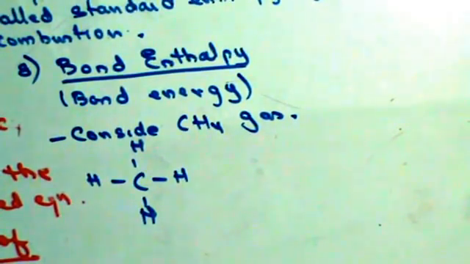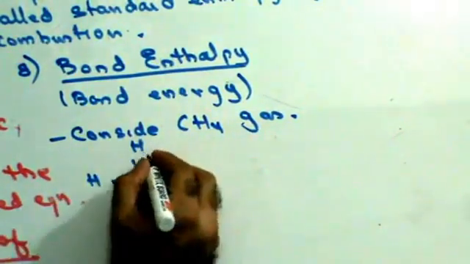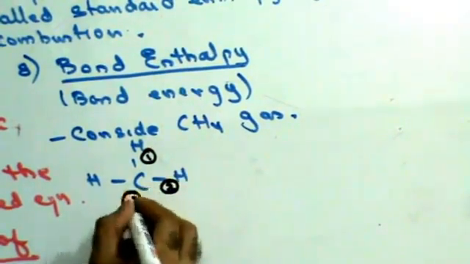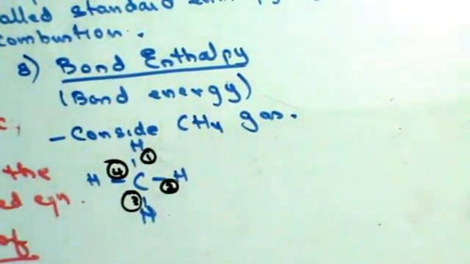There are 4 bonds present in this. That means when I have to break this, I would require some amount of energy to break the first bond. Let's call these bonds first, 2, 3 and 4. There are 4 C-H bonds that have to be broken here, right?